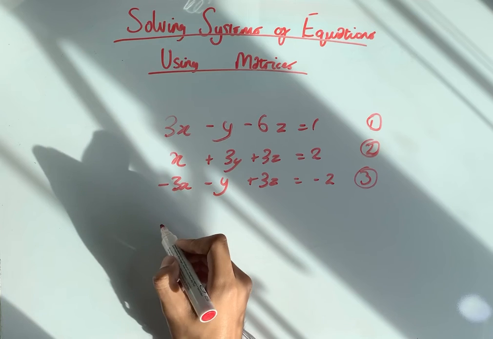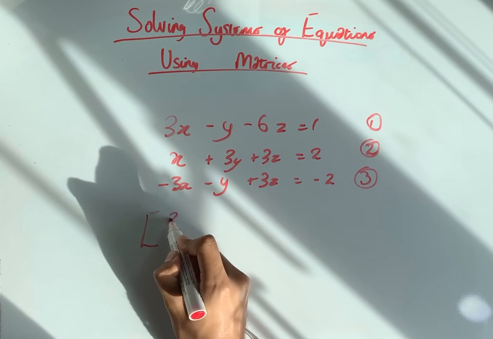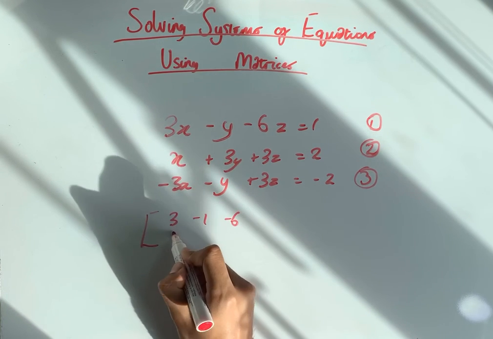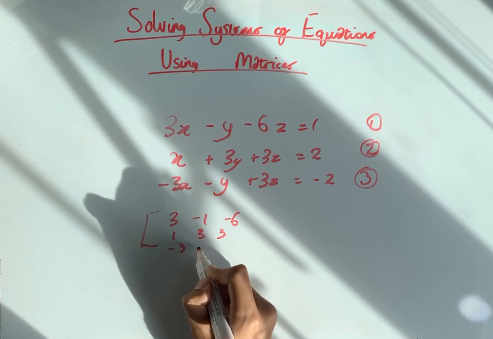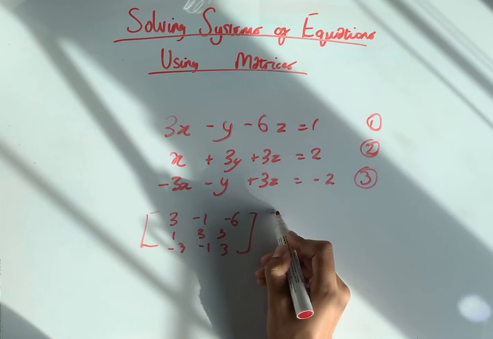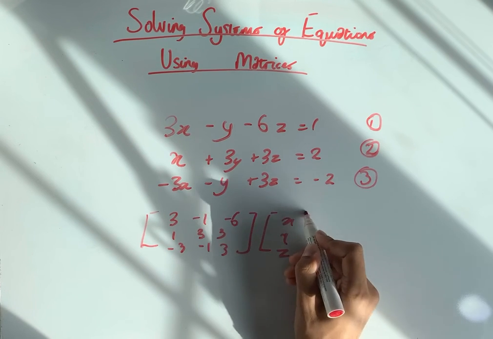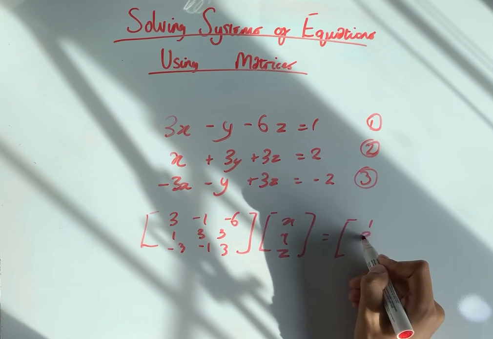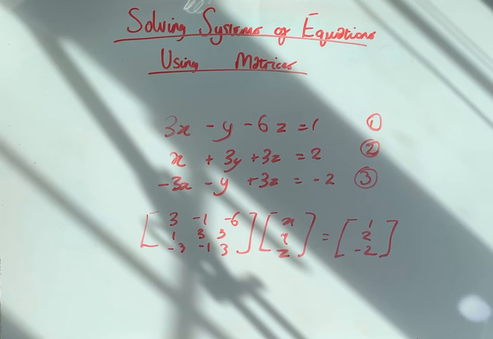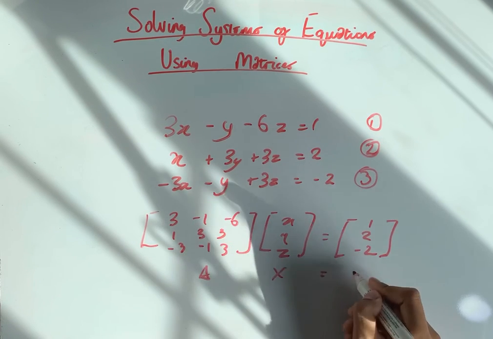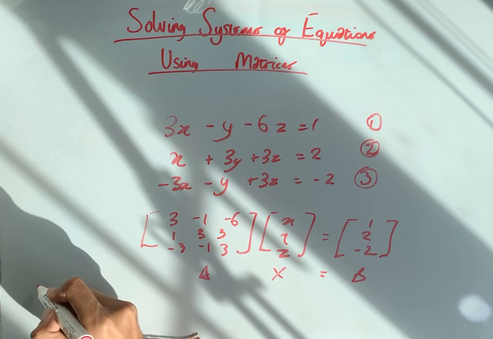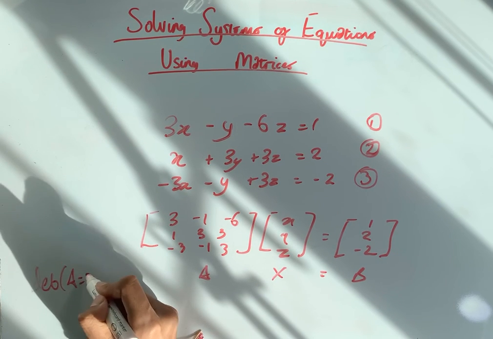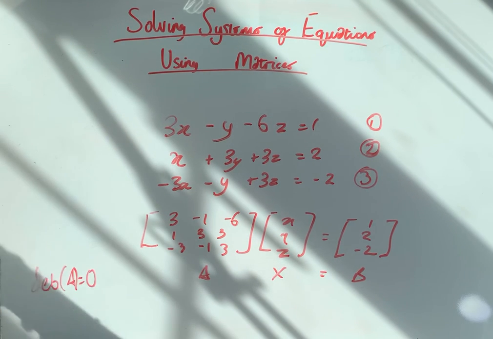Putting this in matrix form, we would find (3, minus 1, minus 6; 1, 3, 3; minus 3, minus 1, 3) multiplied by (x, y, z) equals (1, 2, minus 2). The determinant of A equals 0, so we know it must be inconsistent. And none of these are linear multiples of each other, so we know it's not parallel. So they must either form a sheaf or a prism.